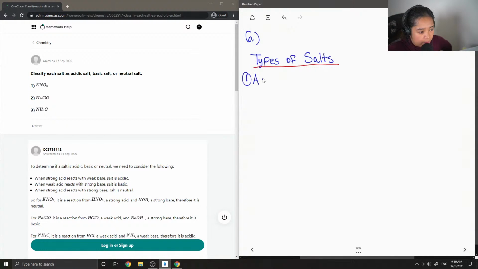So we can have an acidic salt, and this is formed when a strong acid reacts with a weak base.